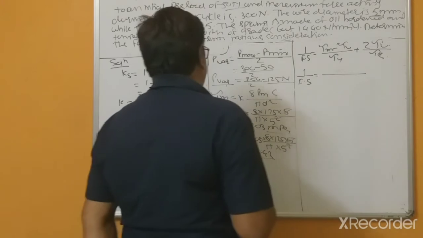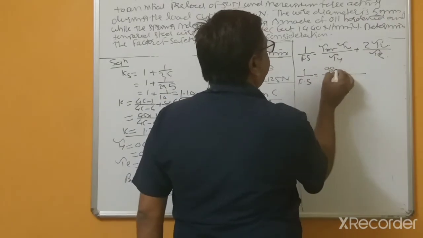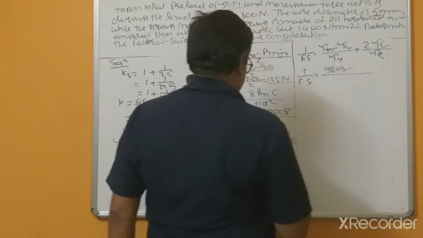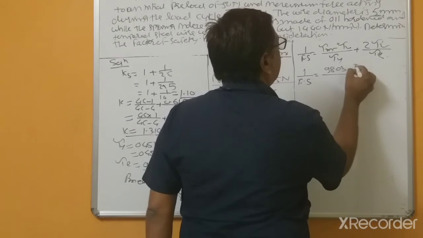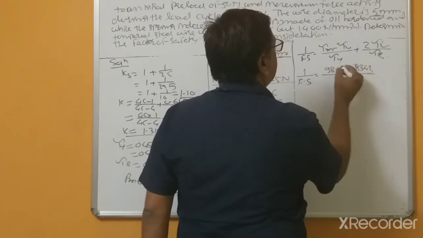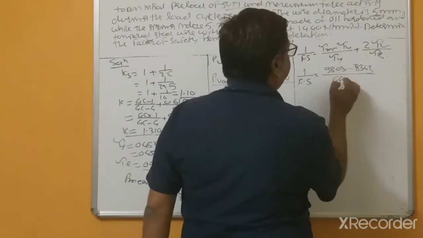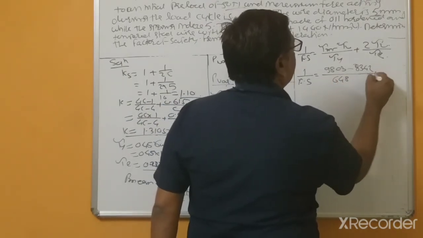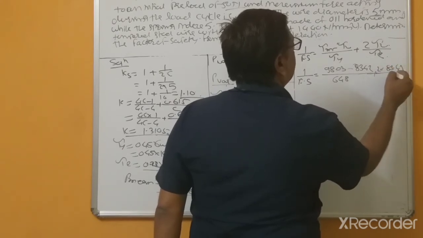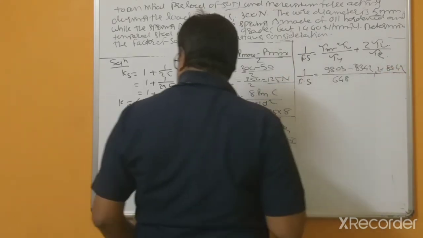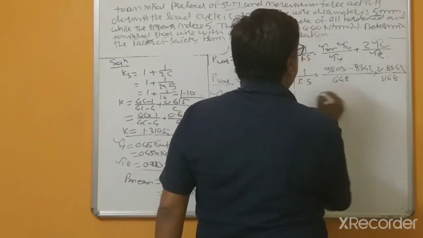Tau m is 98.03, tau v is 83.42, tau y is 648, and tau e is 316.8.